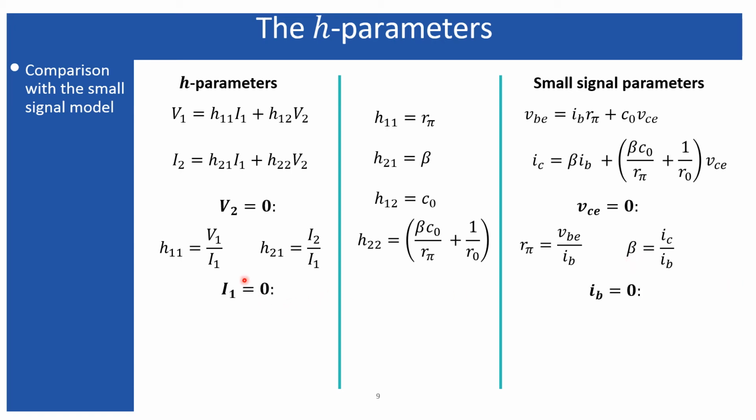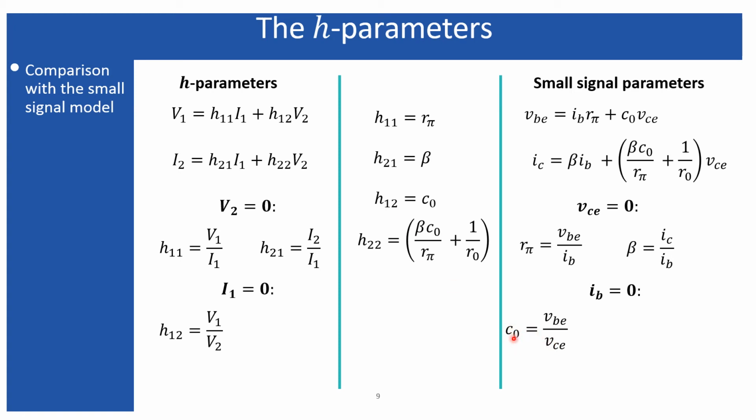Next, I1 equal to 0 and IB equal to 0. For I1 equal to 0, you can see that this defines H12, which is equal to V1 divided by V2. Similarly, IB equal to 0 from the first equation defines C naught, which is equal to VB divided by VC. So C naught is equal to H12. And we know what C naught is in our small signal model.